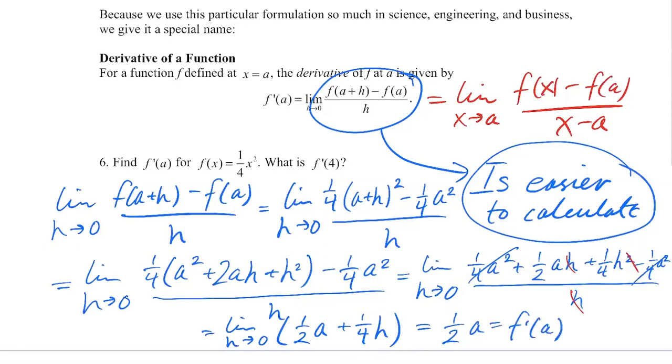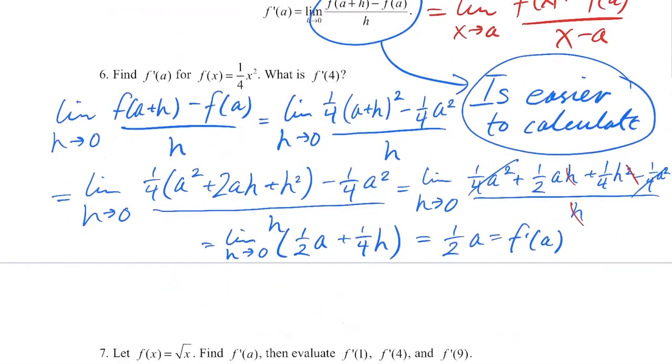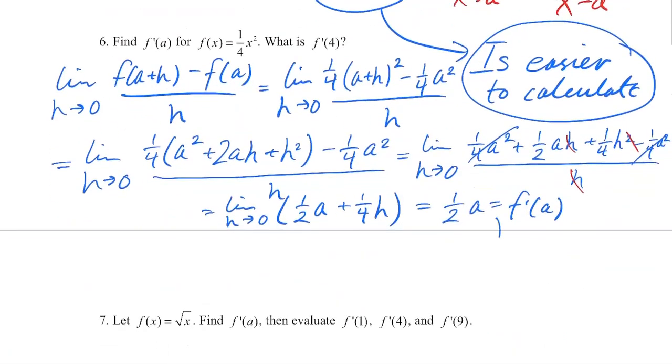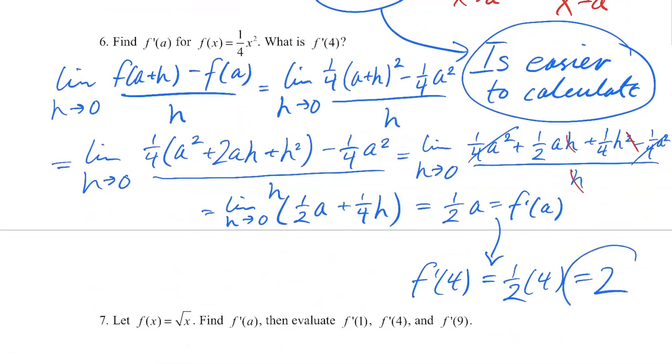And that means that to find f prime of 4, we just plug 4 in for a. Which gives us 2. And yes, that corresponds to the slope that we had seen before. Good stuff.